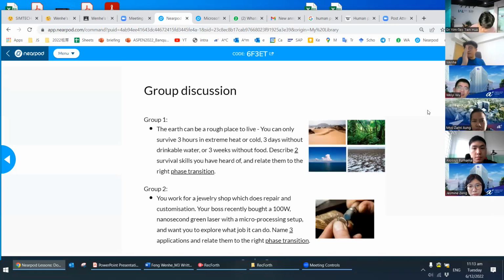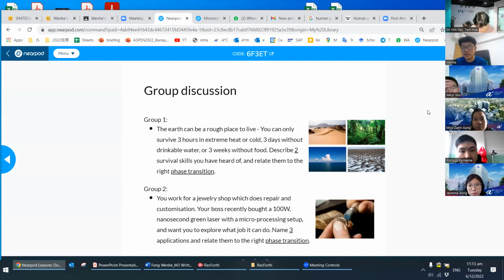All right, so time for some group discussion. Okay, I'm going to divide everyone into 2 groups, and for group 1, I'll put you in this scenario: the Earth can be a rough place to live, and in the wrong environment it can be very dangerous for us.